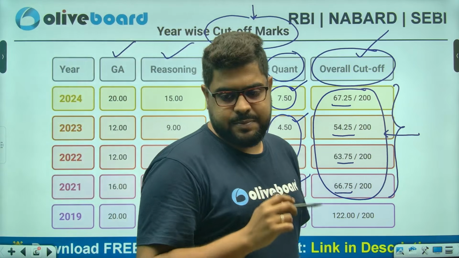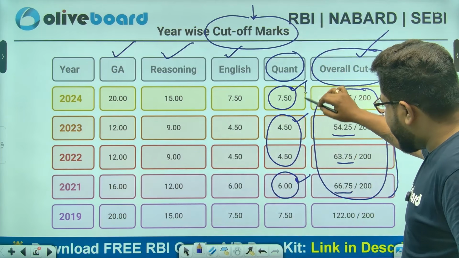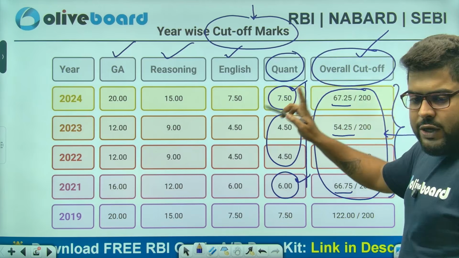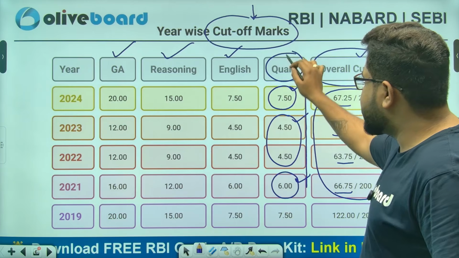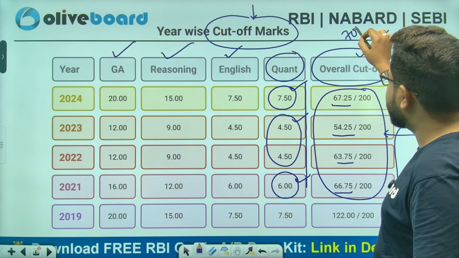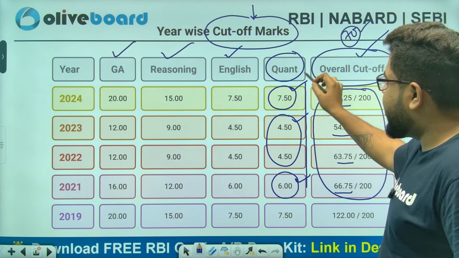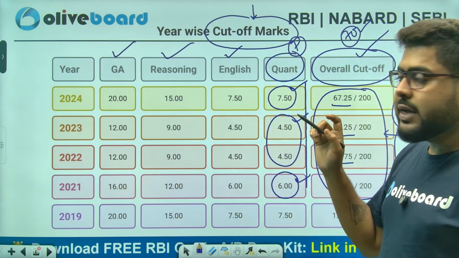That means last year you had to get at least 8 correct answers to clear this. If somebody has scored 70 overall but only 7 in quant, that person is not qualified.